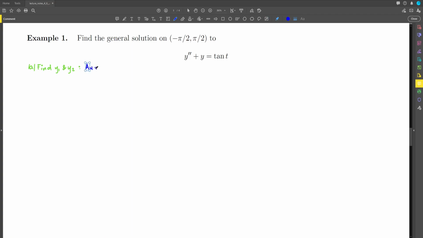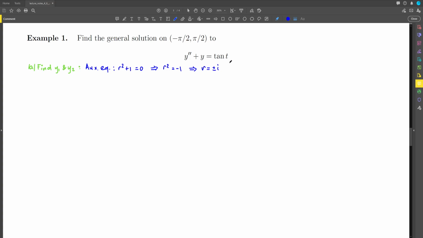The auxiliary equation for this differential equation is given by r squared plus 1 equals 0. And from this, it follows that r squared equals -1, and so r equals plus or minus i.